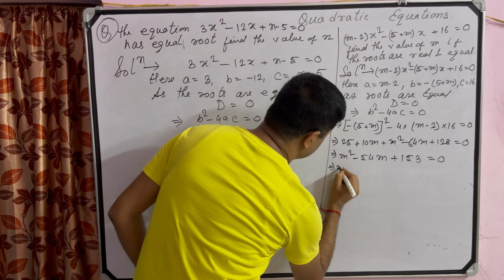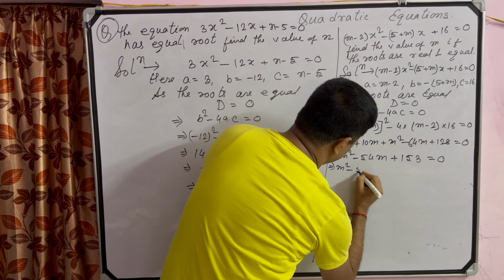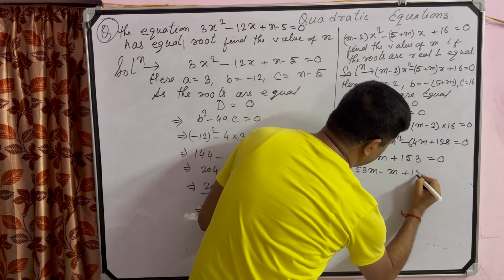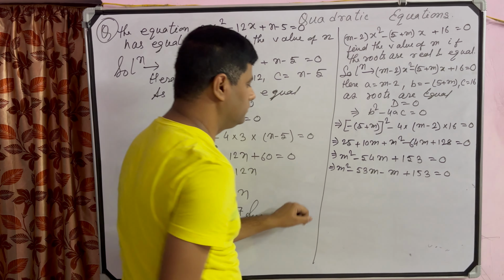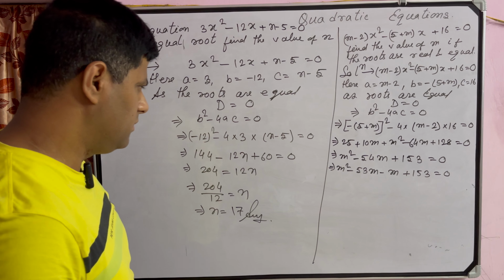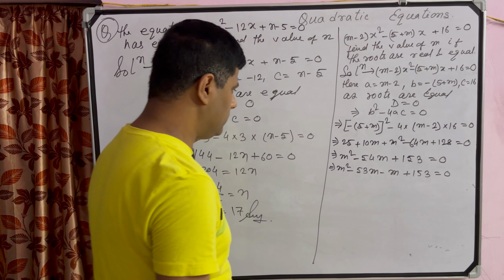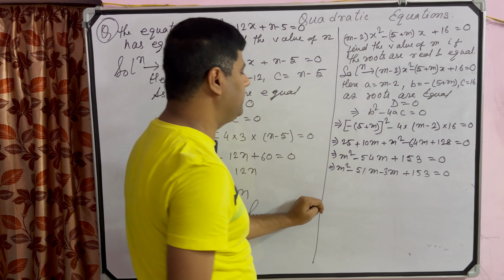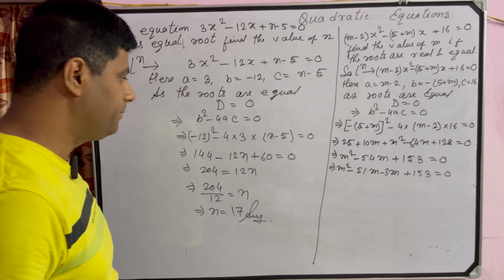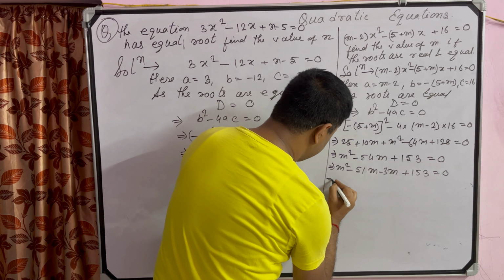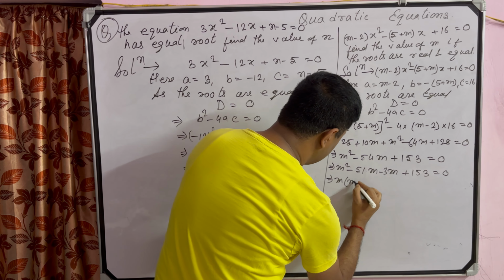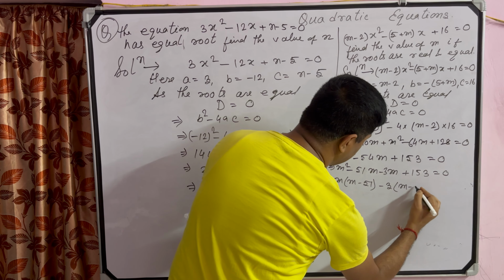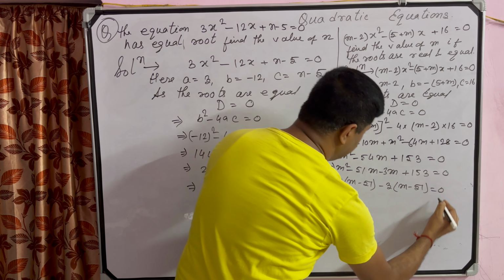So it will be m square minus 51m minus 3m plus 153 is equals to 0, correct? 51 3 ja 153. Okay, so this m can be taken common, it will be m minus 51 and minus 3 can be taken common, m minus 51 is equals to 0.